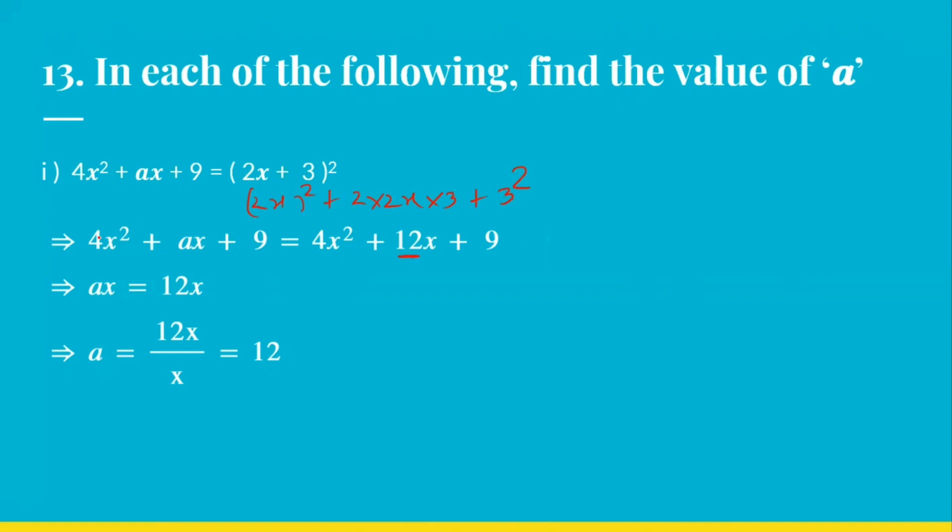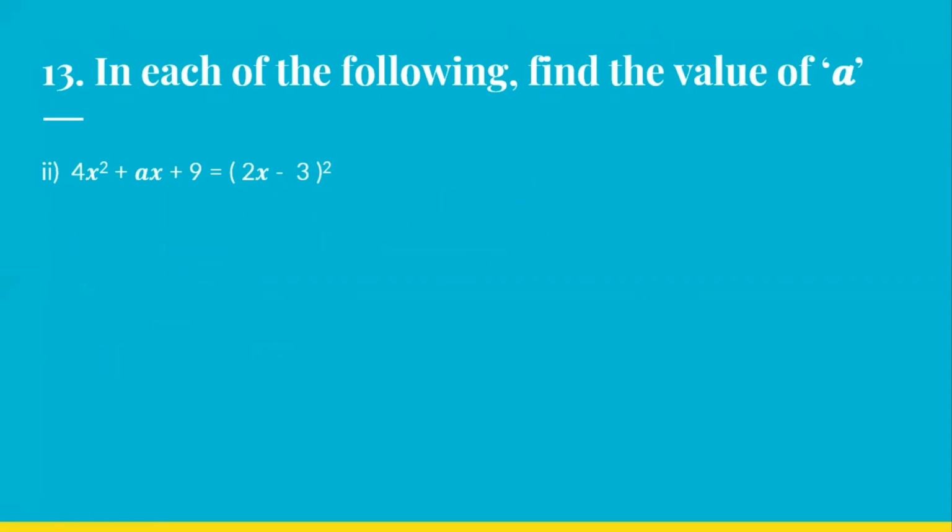Now when you compare both sides of the equation, you have 4x square and 4x square, 9 and 9. Compare the middle term, you get ax is equal to 12x, so a is equal to 12x divided by x, which is 12. Easy. Next part, again you have 2x minus 3 the whole square. So a minus b the whole square is equal to a square minus 2ab plus b square. So 2x the whole square minus 2 into 2x into 3 plus 3 square.